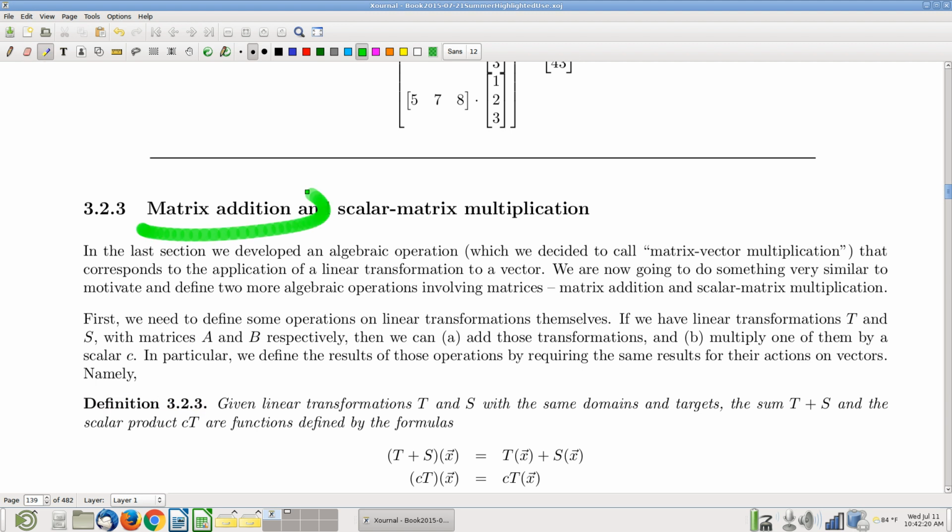Next question, what should it mean to add two matrices? There's a similar question. What should it mean to multiply a scalar times a matrix? We're a little short on time, so I'm going to skip over these. But I want to point out that the choice that we're going to make for both of these questions is going to come down to, just like when we were adding vectors.